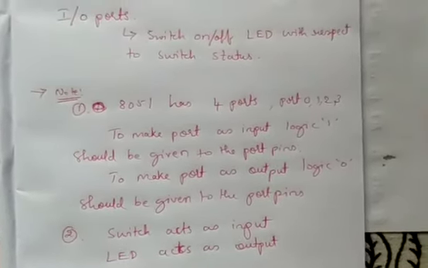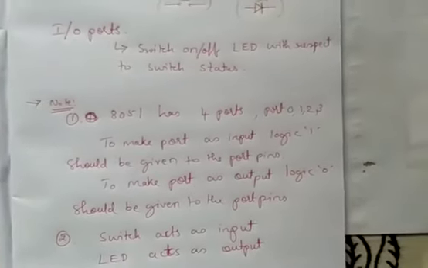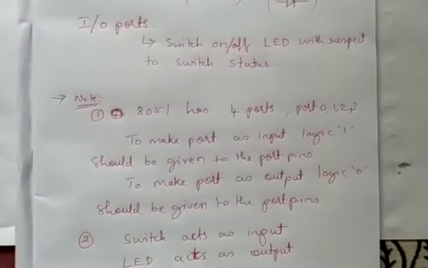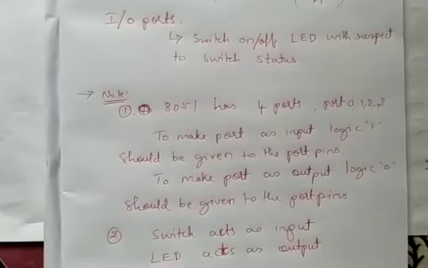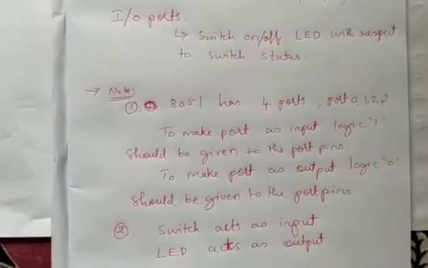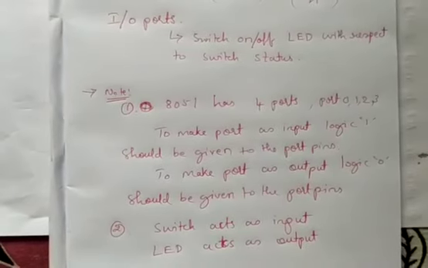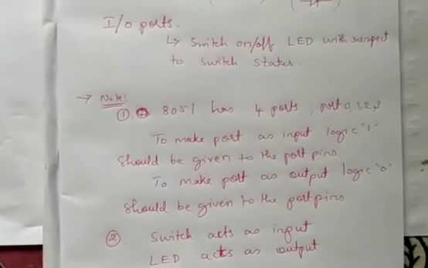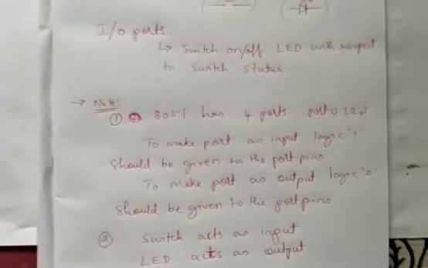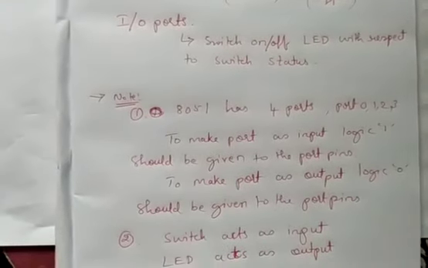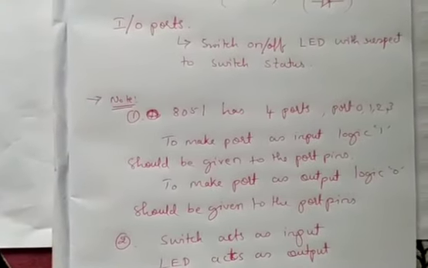Say for example, if I take port 0, port 0 is an 8-bit port. Out of that 8 bits, if I take port 0.4, the 4th bit or the 5th bit of port 0, and I want to make that pin an input, then to port 0.4 I should give a logic 1.